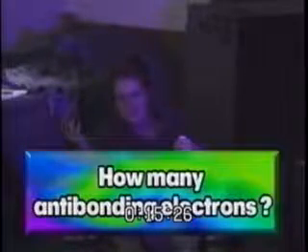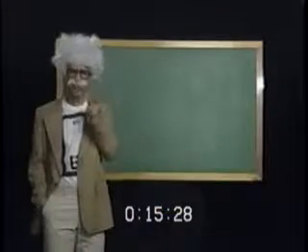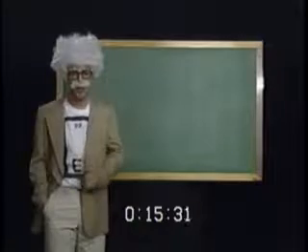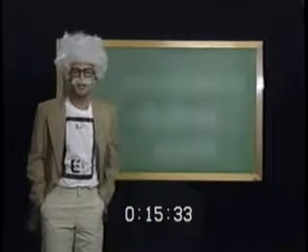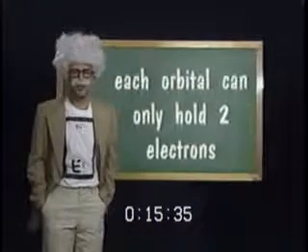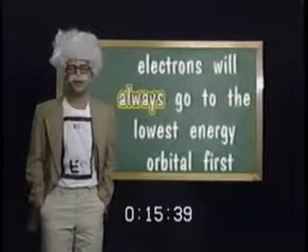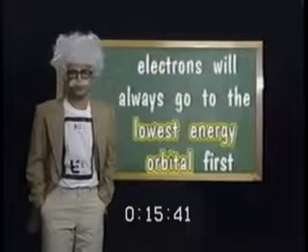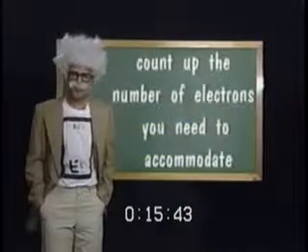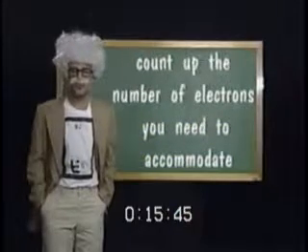Hold it. How do I know how many bonding electrons and how many anti-bonding electrons there are? Glad you asked. It's not too hard actually. Remember that each orbital can only hold 2 electrons, and electrons will always go to the lowest energy orbital first. So, count up the number of electrons you need to accommodate.